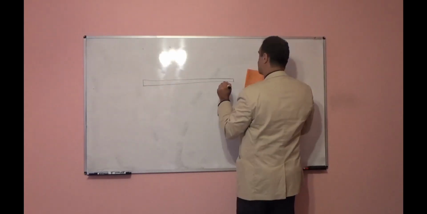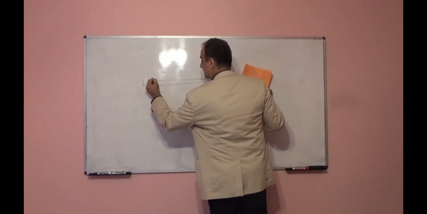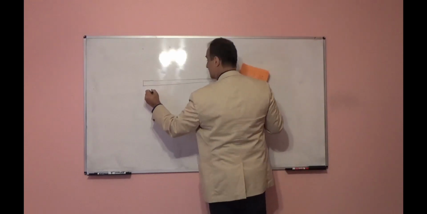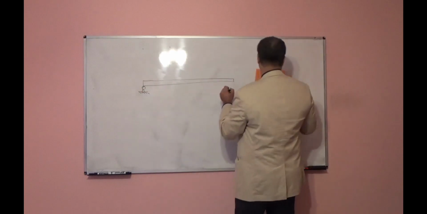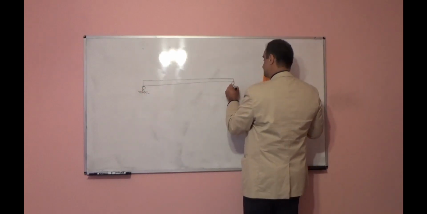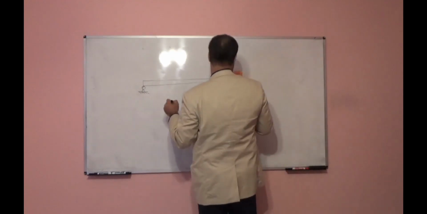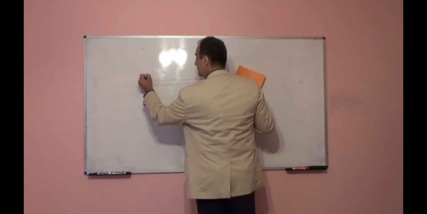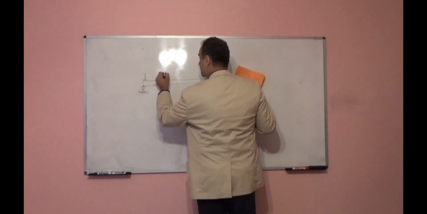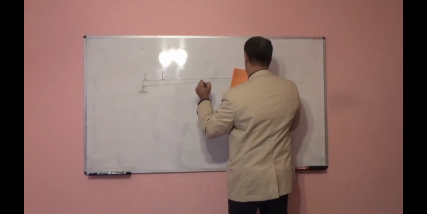This is the girder. And 1, 2, 3, 4, 5 panels we have.